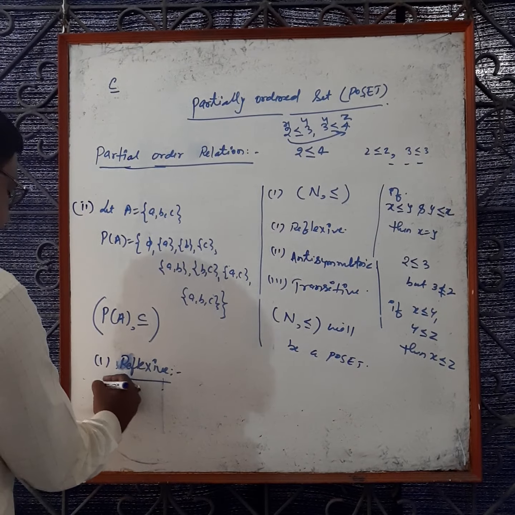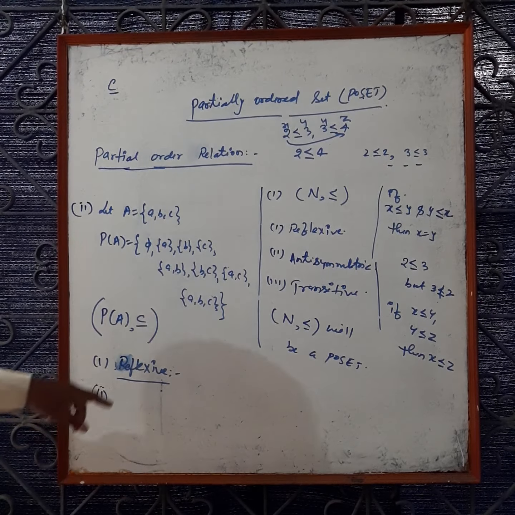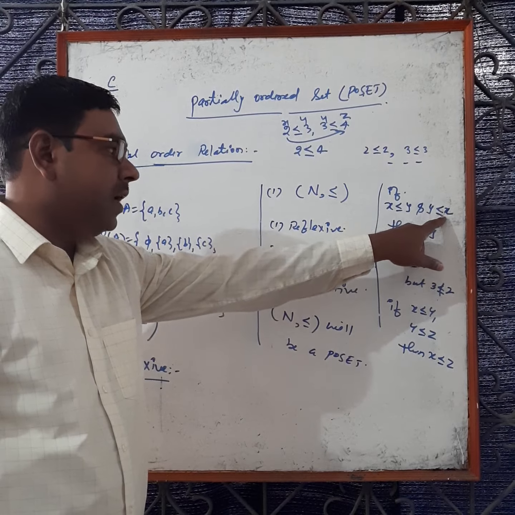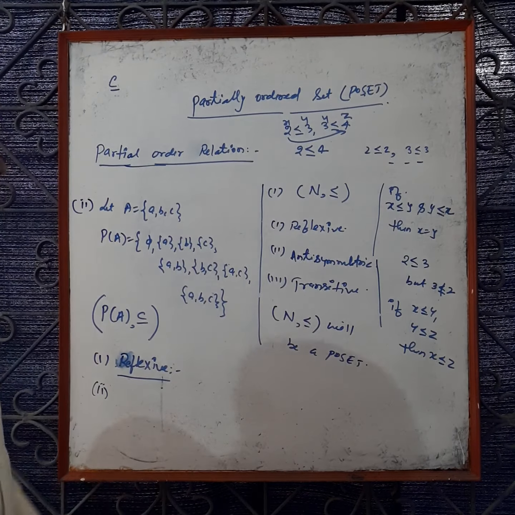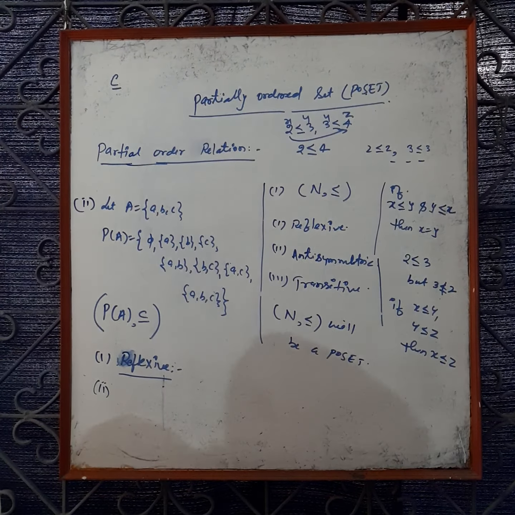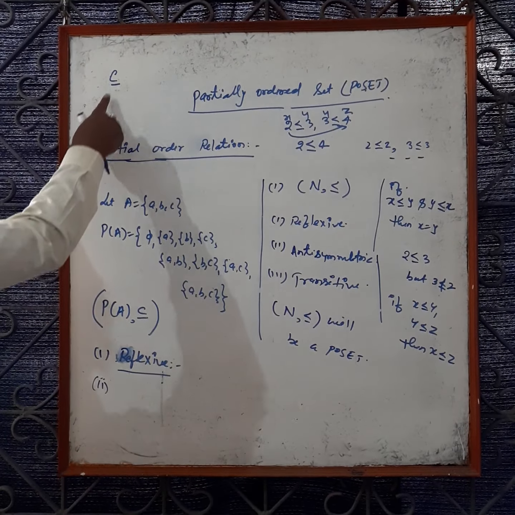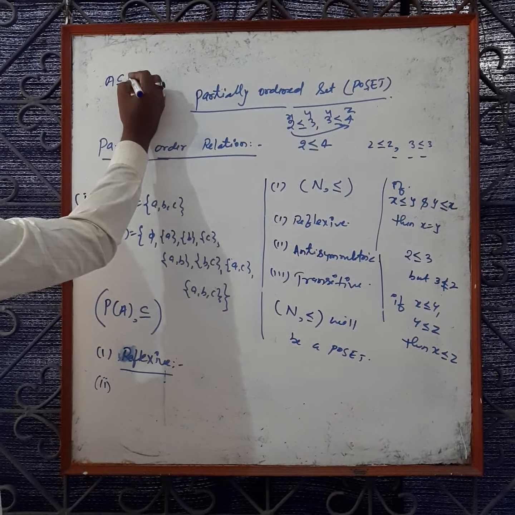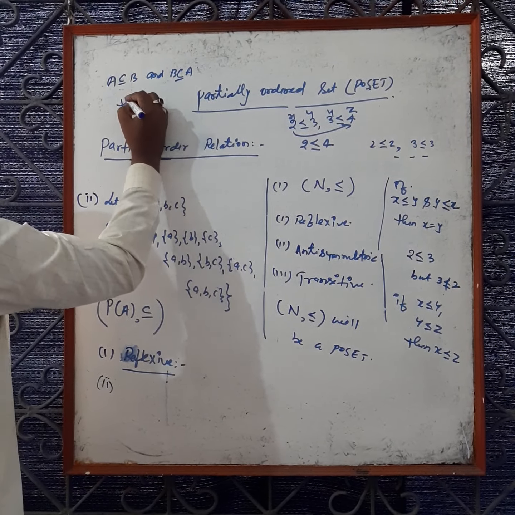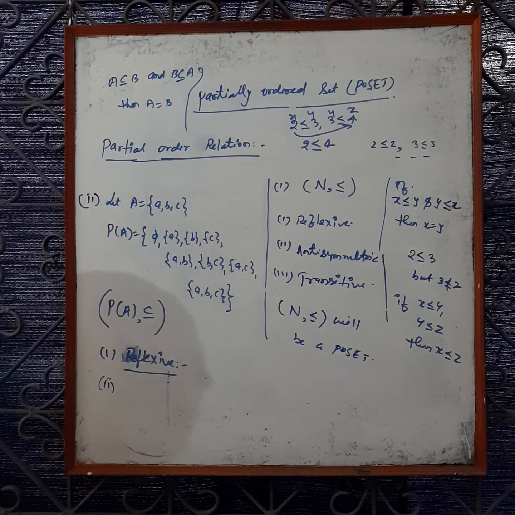Next, antisymmetric property. We already know the condition of antisymmetric is: if x less than equal to y and y less than equal to x, then x is equal to y. We already said less than equal to works as a subset. Now we know that in set theory, if for two sets A and B, A is a subset of B and B is a subset of A, then A is equal to B. And it is true in all cases.